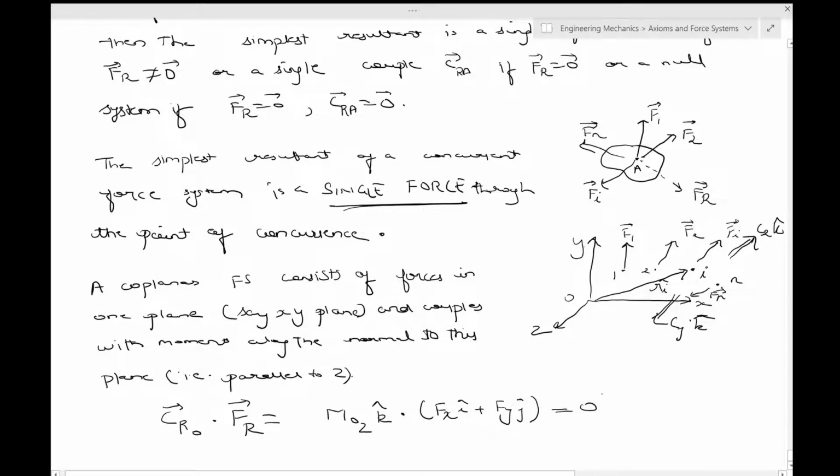This would be equal to 0. Okay, so because k dot i and k dot j will both be equal to 0, and this value CRO is calculated again by taking the summation of Cj's and the summation of Ri cross Fi. Okay, so this condition gives CRO dot Fr is equal to 0.